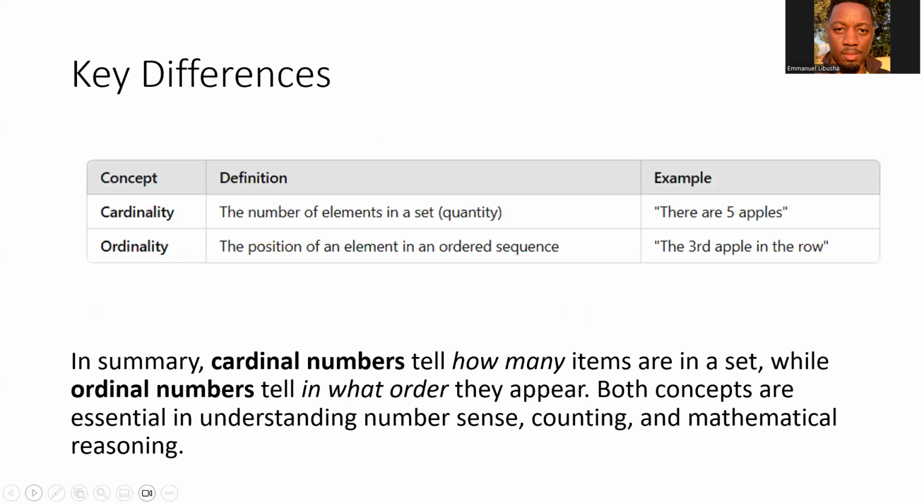So the key difference is that one tells us how many, the other tells us the position. In summary, cardinal numbers tell us how many, while ordinal numbers tell us in what order they appear. Both concepts are essential in understanding number sense, counting, and mathematical reasoning, because they go hand in glove.